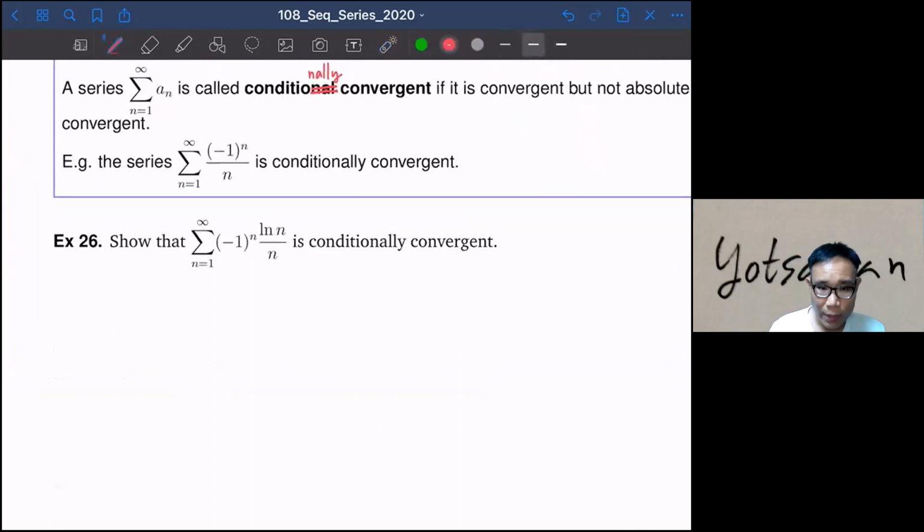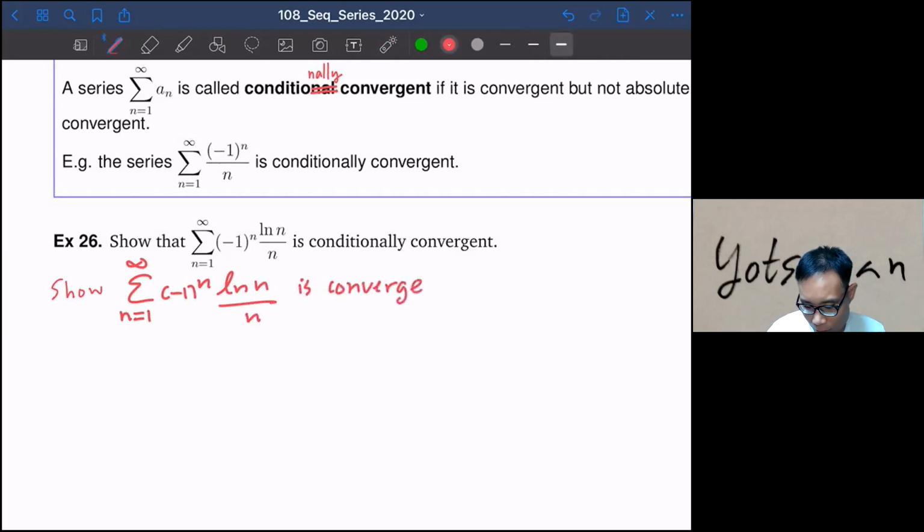When you would like to show that a series is conditionally convergent, the thing that you need to show is, you must show the series itself is convergent, and you show the series sum from n equals 1 to infinity of the absolute value of (-1)^n log n over n is divergent.